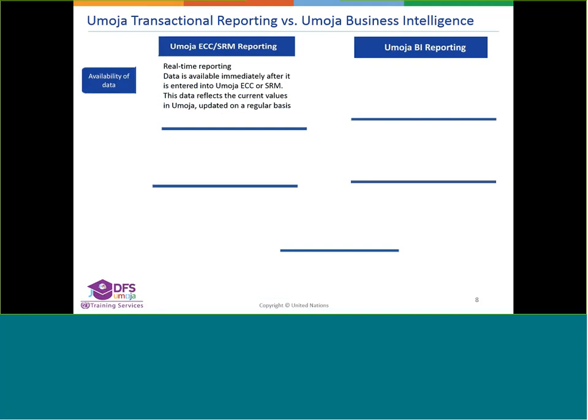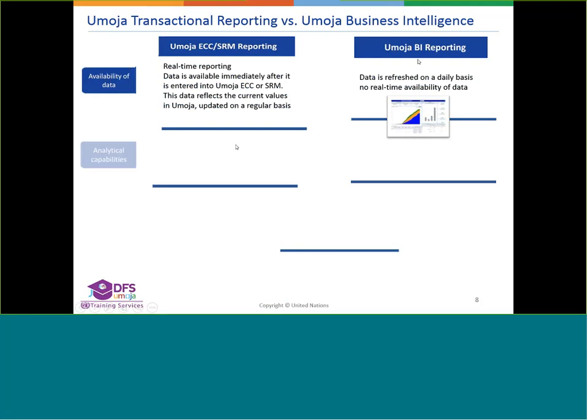This data is going to reflect current values in Umoja. What happens in BI? As I said before, data is refreshed every 24 hours, and there is no real-time availability of data. That's the main difference between the two components, right?